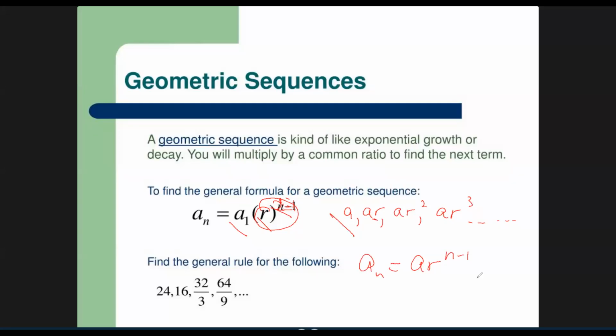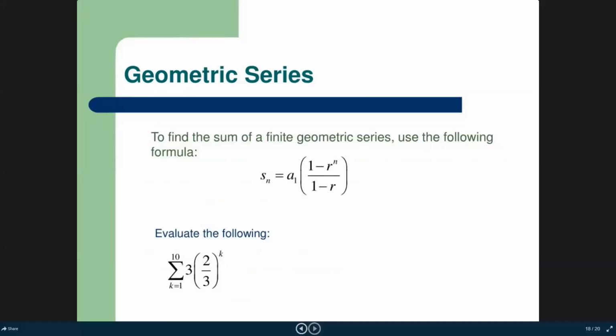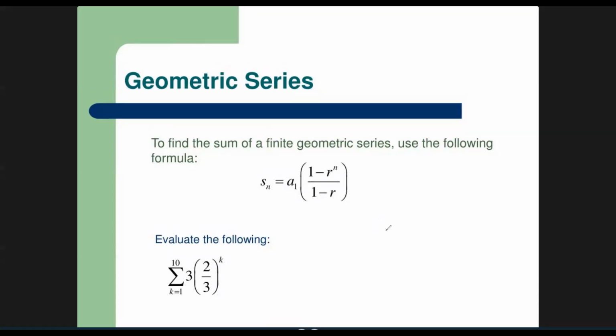So a different formula from the arithmetic series. And then you can find the sum of the geometric series using this formula: Sn equals A1, which is the first term, times 1 minus R to the n over 1 minus R. An alternative, the same formula can be written this way: Sn equals A1 times R to the n minus 1 over R minus 1.